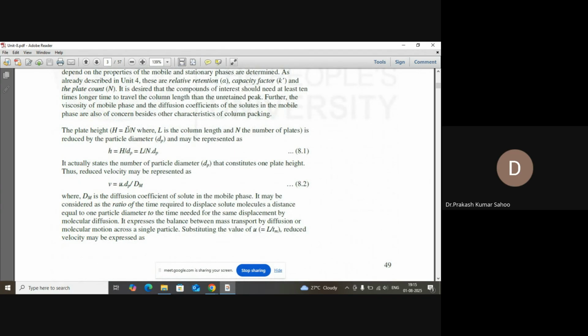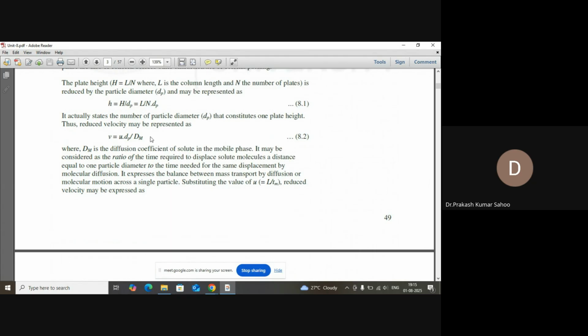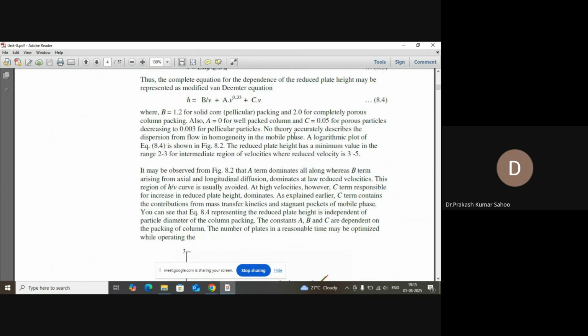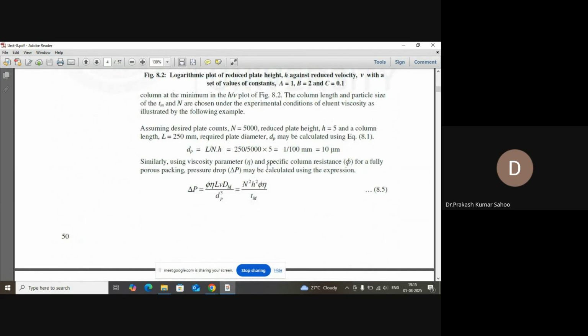Then similarly the length of the column as well as the number of plates used in high performance liquid chromatography, these are the equations we have, where u is the velocity, and Dm is the distribution coefficient in the mobile phase, and Ds is the distribution coefficient in the stationary phase. Then we have different equations based on your length, number, and height.